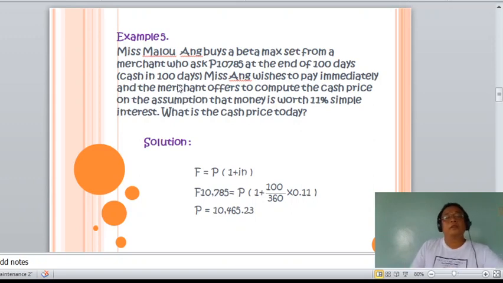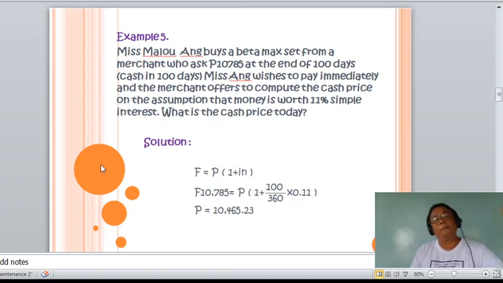Okay? So when we say today, we are looking for the present amount. So again, F is equal to P multiplied by 1 plus I times N. Okay? So, F now is equivalent to 10,785 is equal to P multiplied by 1 plus 100 days over 360 multiplied by 11%.